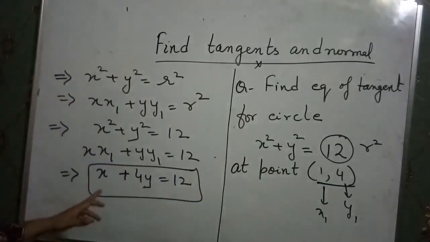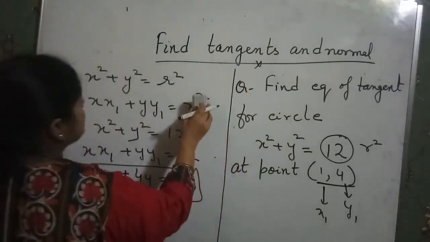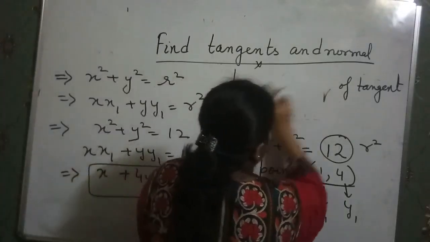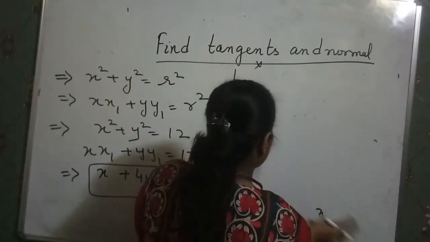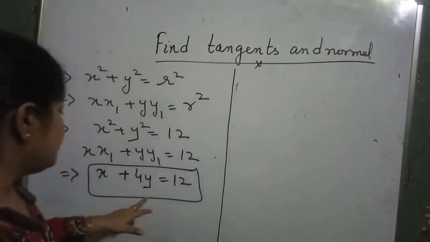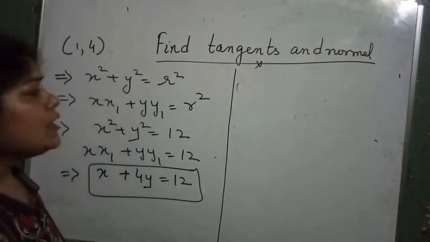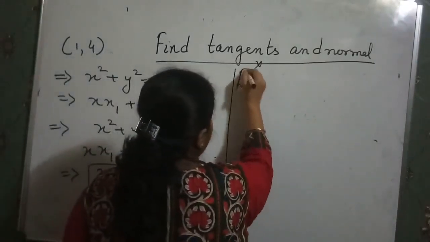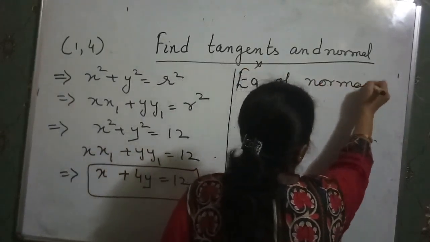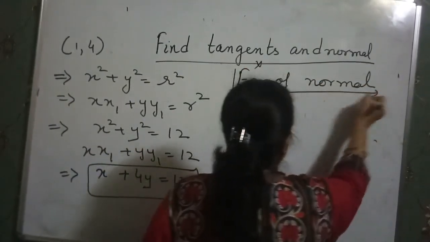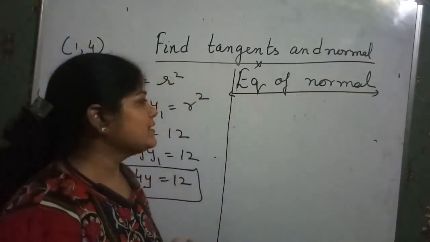Clear? Now from here we can also write the equation of the normal. Just see how we will write the equation of the normal when we have the equation of tangent and we have the point (1, 4). Now I am explaining how you will find the equation of normal to a circle. For this, just use the method you studied earlier in class 10th.